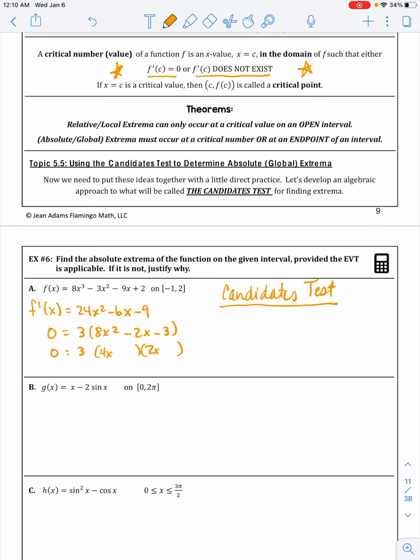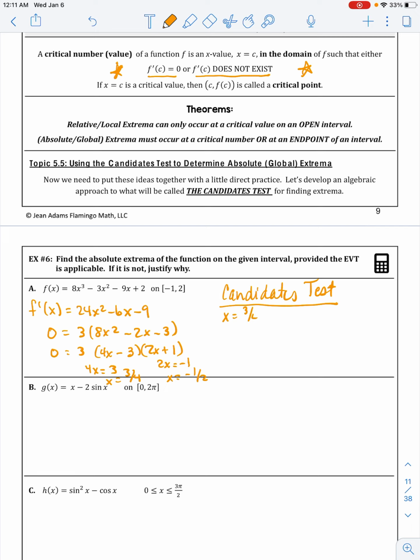I'm going to try 4x and 2x. And if I put the 3 here and the 1 here, I've got a 6 and a 4, so my 6 needs to be negative and my 4 needs to be positive. And so now I can see that my derivative is 0 at x equals 3/4 and at x equals negative 1/2.